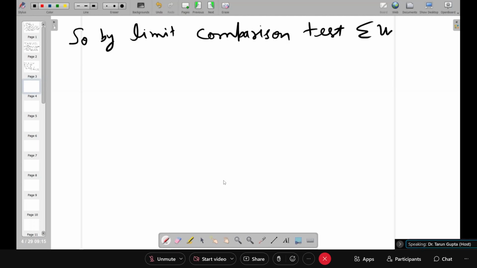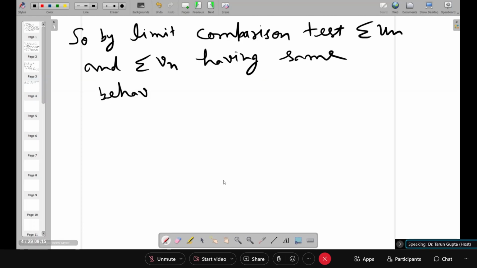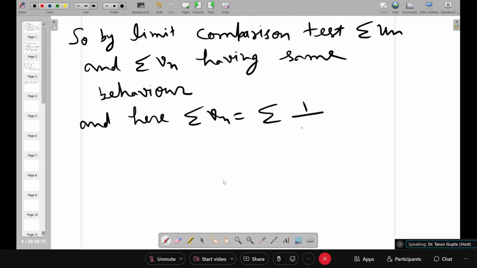the summation un and summation vn have the same behavior. Same behavior means if vn is convergent then un is convergent, if vn is divergent then un is divergent. And here summation vn is summation 1 upon n square, because we are assuming here 1 upon n square.